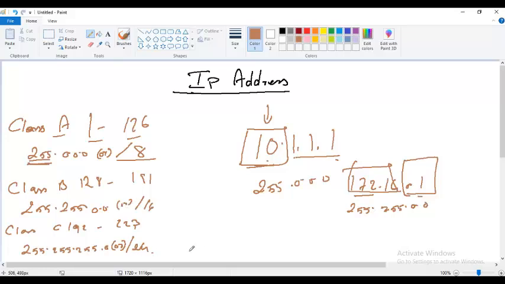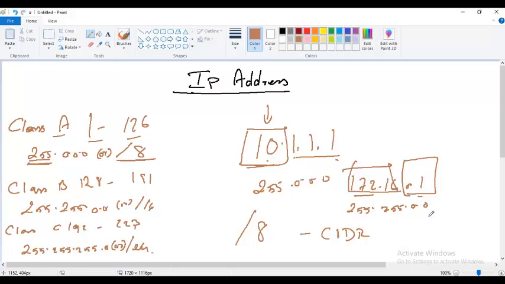Now writing like this with slash, we call this CIDR notation. What does CIDR stand for? Classless Interdomain Routing notation. CIDR, classless interdomain routing notation.